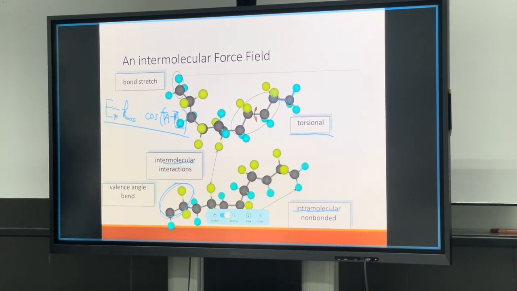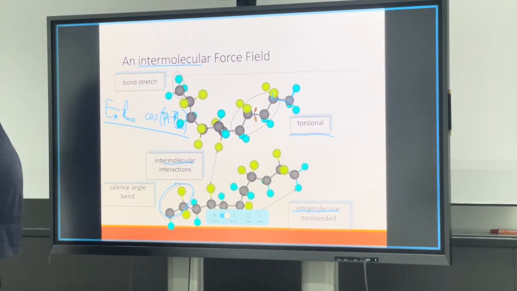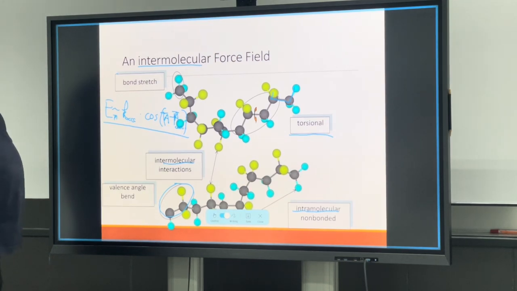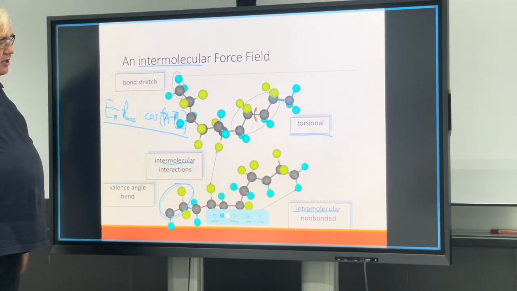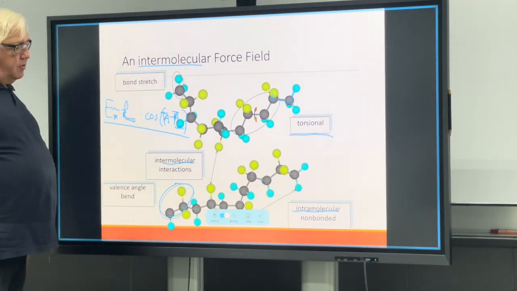And just so that we are a little bit complete before we adjourn, these are the important intramolecular interactions. And for the interactions between the molecules, normally one takes into consideration two more terms.